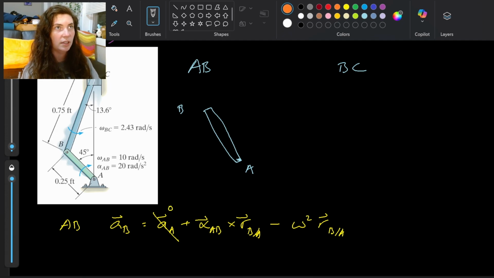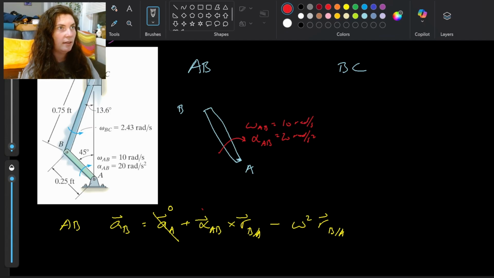Maybe I'll just include those accelerations. So we have alpha_AB as 20 radians per second squared. They also gave us, in the same direction, omega_AB as 10 radians per second.